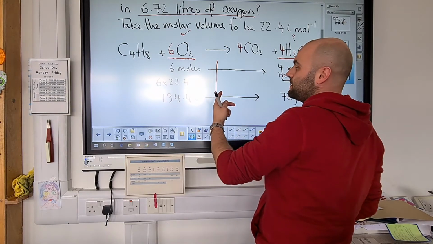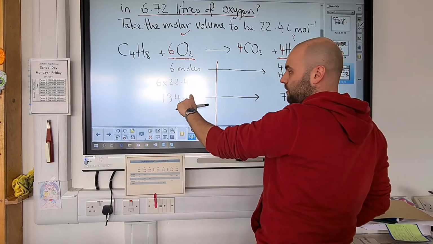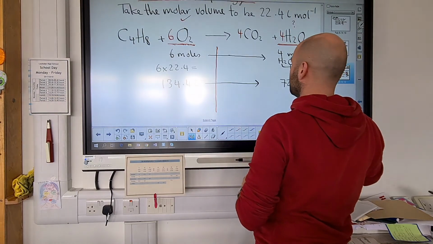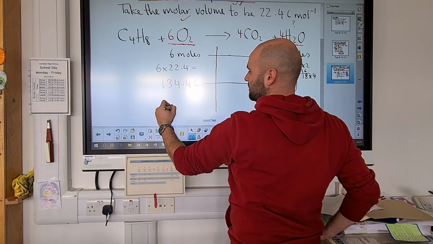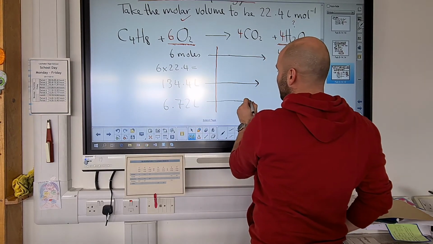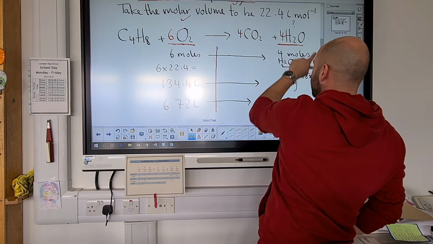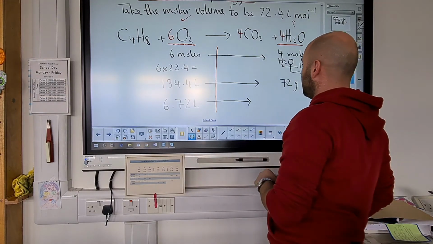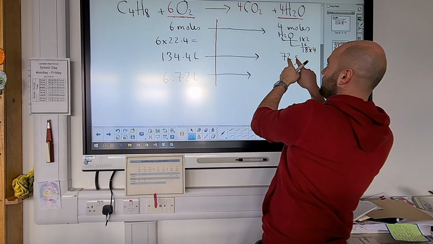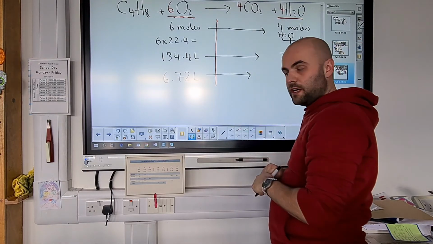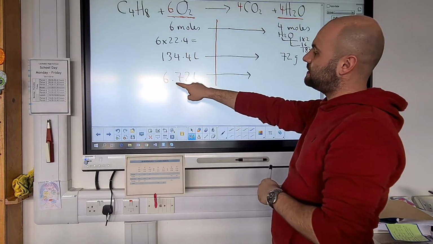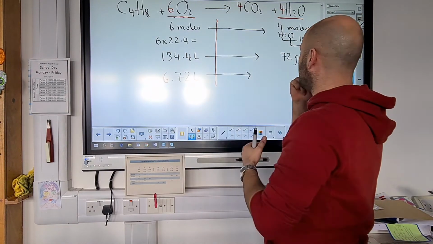Again, go back to the question. The question wasn't asking about this volume. It's given us the volume, 6.72. So if I had 6.72 litres, what would happen to this mass of water? What would happen to the 72? Obviously, this number we're going to try and make smaller. 134 litres produce 72. 6.7 litres is going to produce quite a bit less.